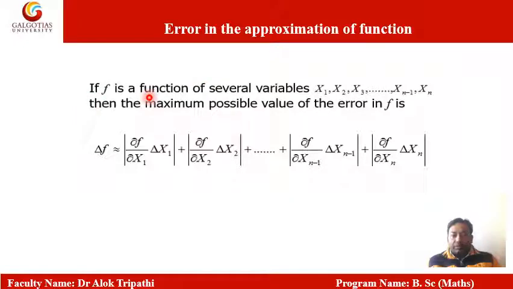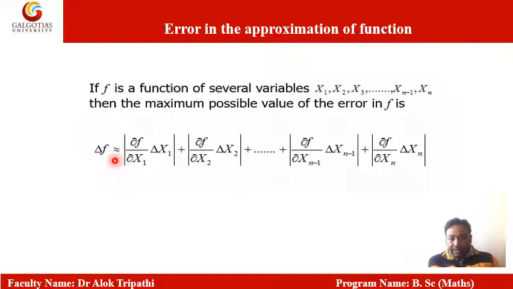Now see error in the approximation of a function. If f is a function of several variables capital X1, capital X2 up to capital Xn, then the estimate of the maximum possible error in f will be mod of del f upon del x1. So what we are doing, you can see here, is that we have partially differentiated f with respect to all these variables, and the partial derivative with respect to one variable is multiplied by the error in that variable.